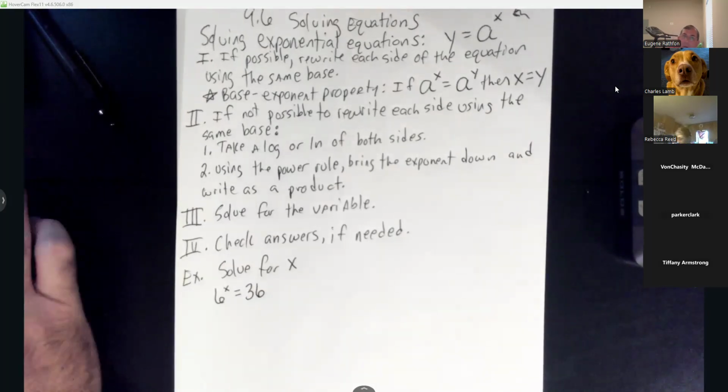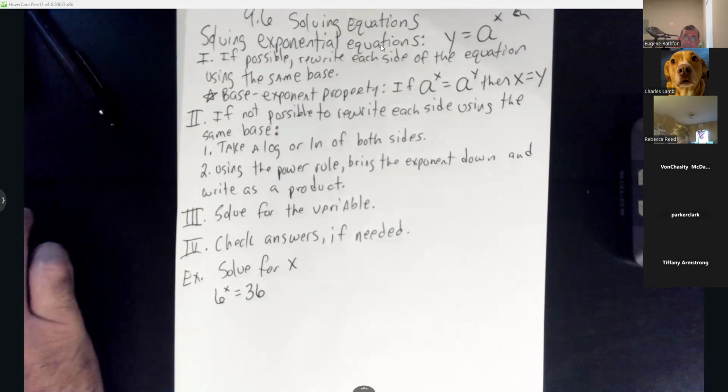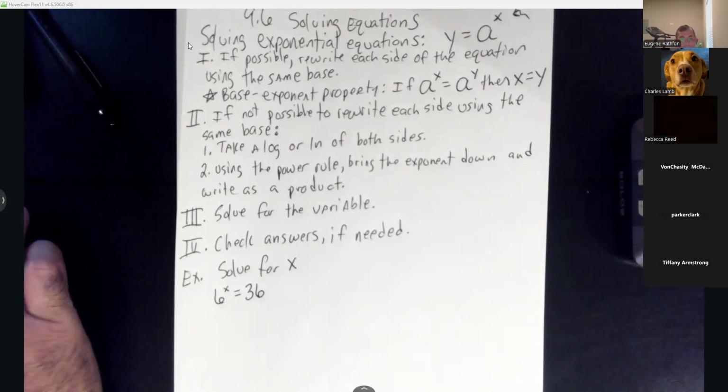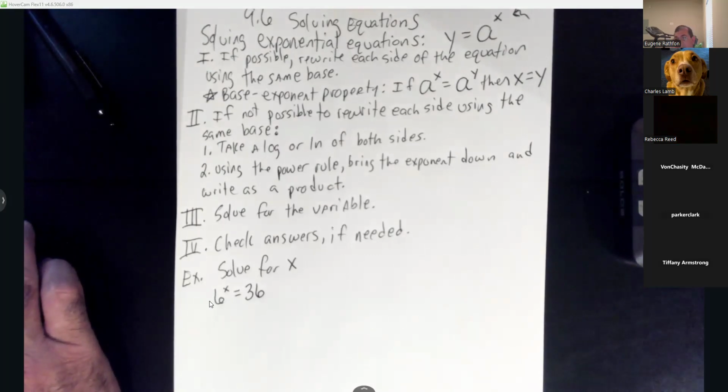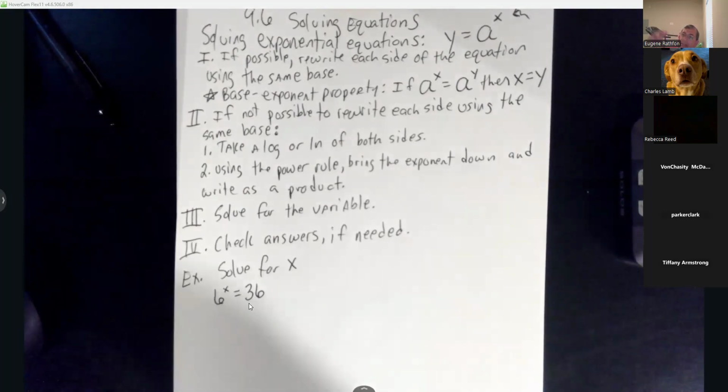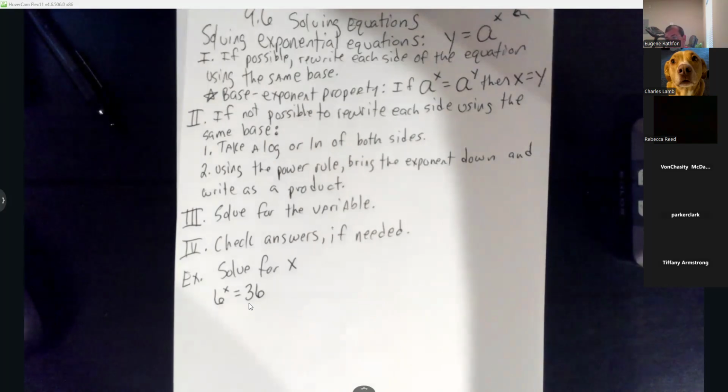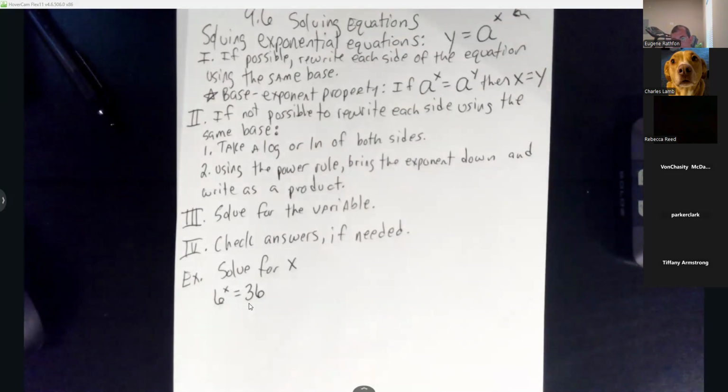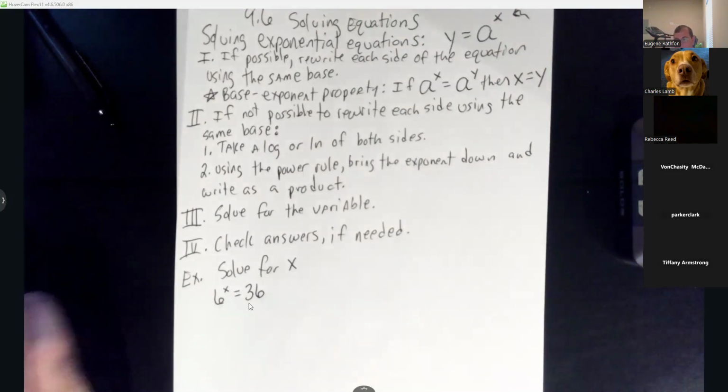So here would be the question. I got a base 6 on the left side. So my question would be, can I rewrite 36 as 6 raised to an exponent? Is that possible?